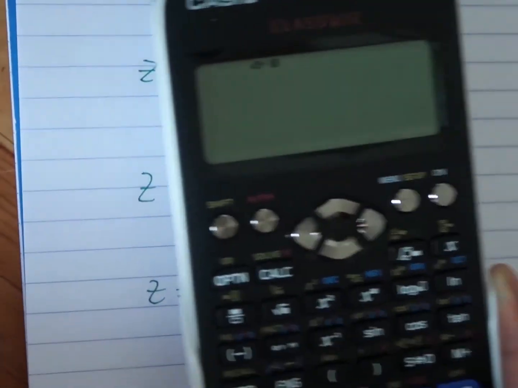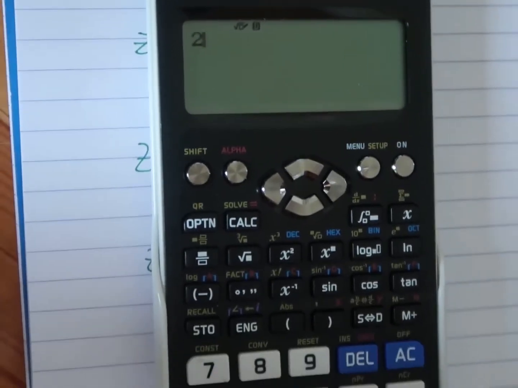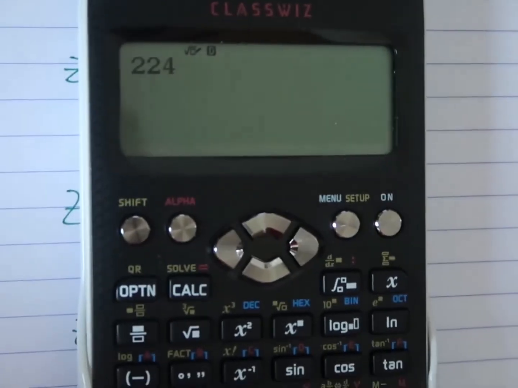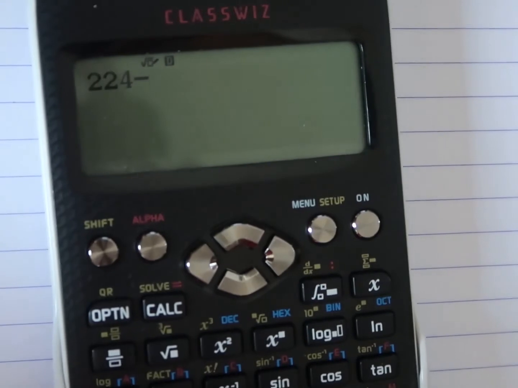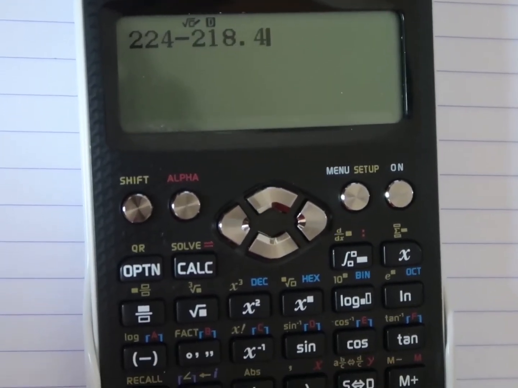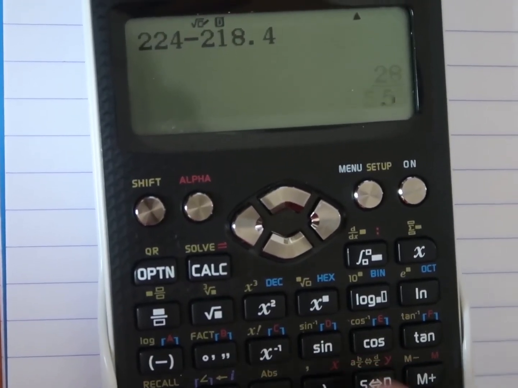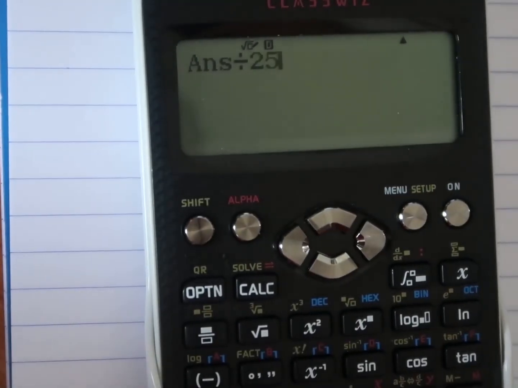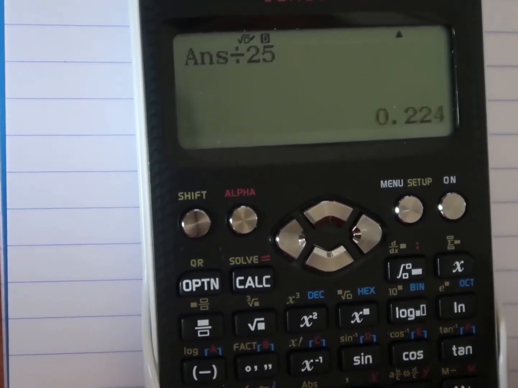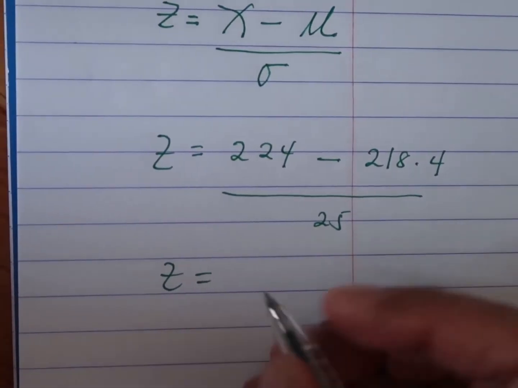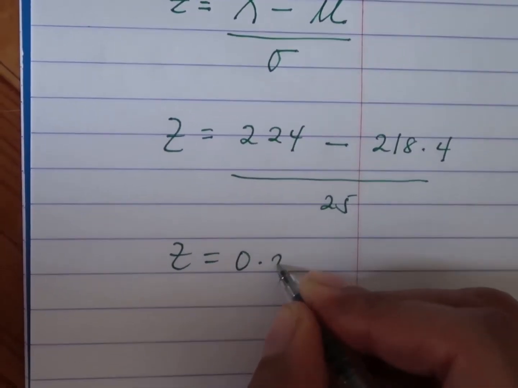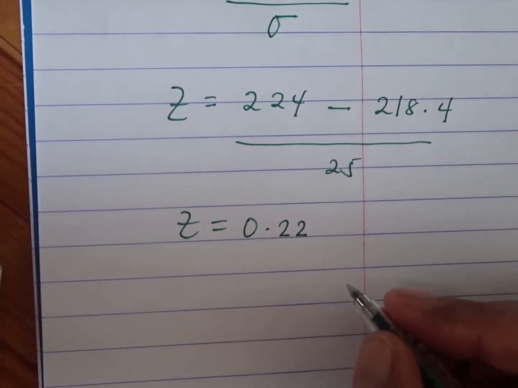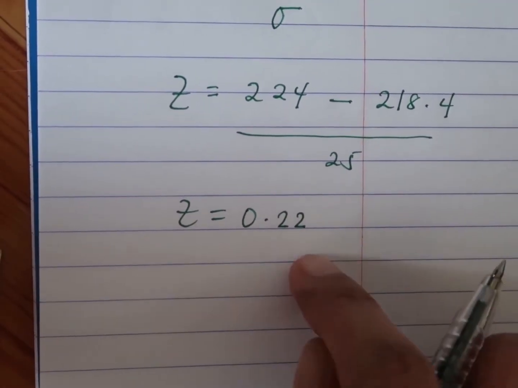Get your calculator: 224 minus 218.4, divided by the standard deviation, which is 25. So your z value is 0.22, rounded off.